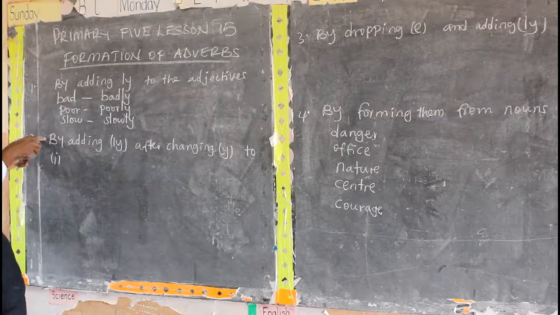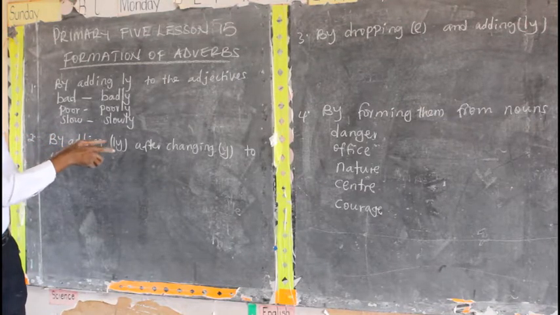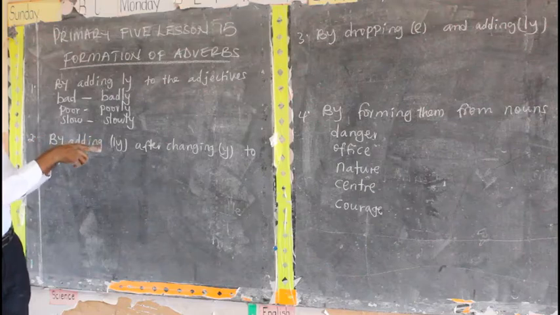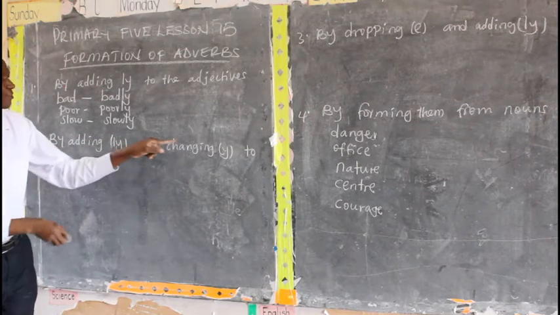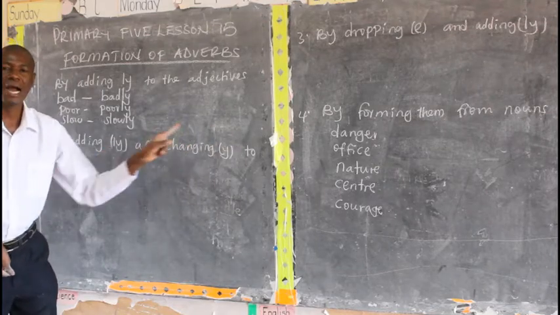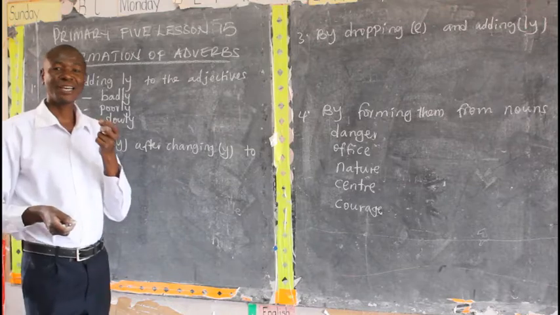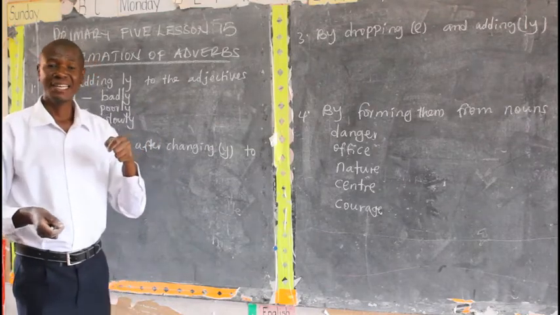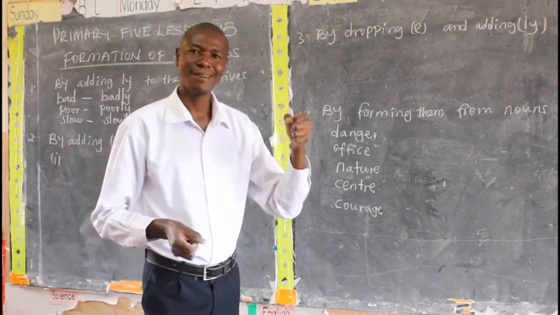Then number two, there is another way of forming adverbs. That is by changing y to i and then adding ly. Meaning that we have some adjectives which end with letter y, and that y is supposed to be changed to letter i.